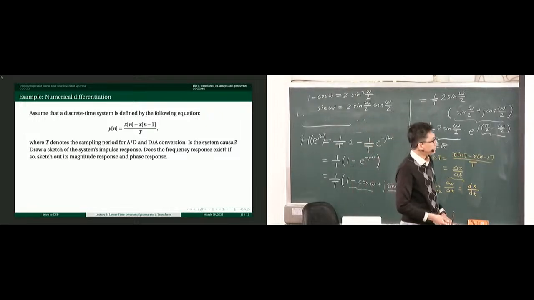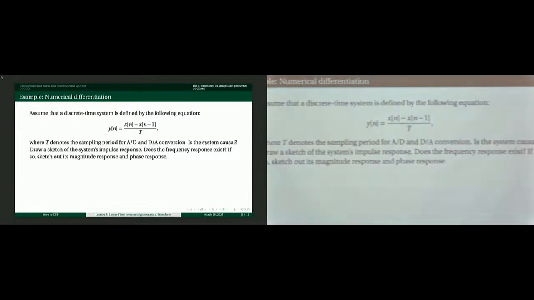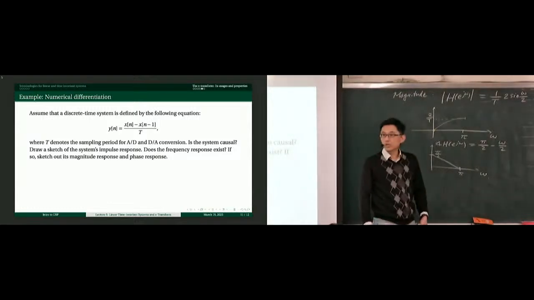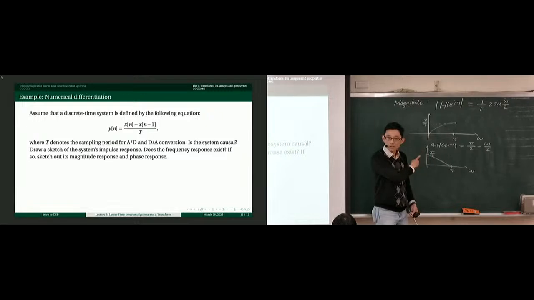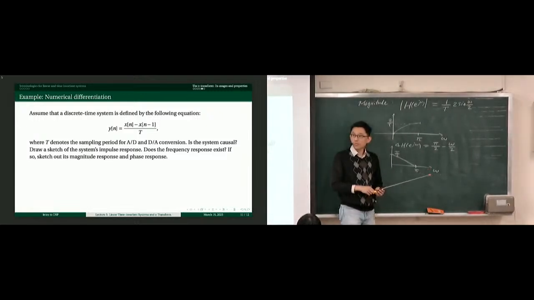Now we can interpret what's going on right here. DC, because when you differentiate DC, the result is 0, right? So it makes a lot of sense. When you take differentiation, numerical or not, differentiating a constant, the result should be 0, right? The DC gain is 0, according to our calculation.